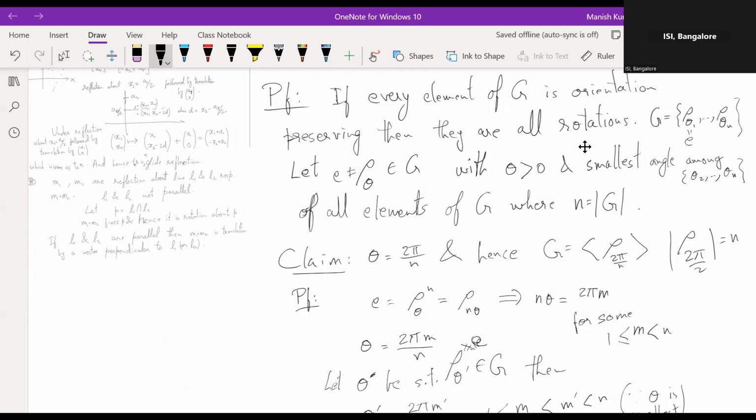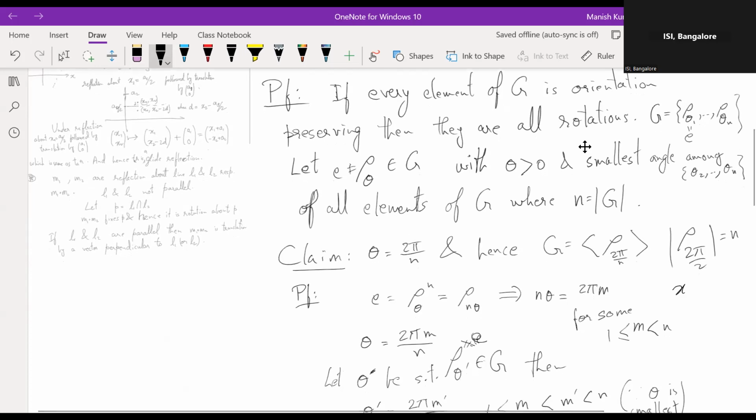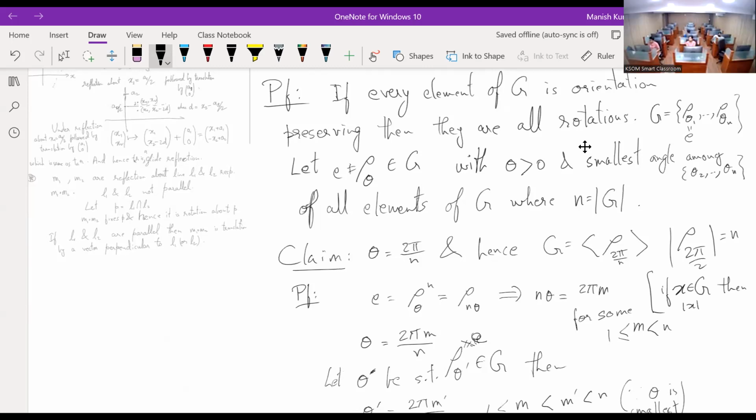So you have seen these basic results? Have you seen this? You'll have to answer, otherwise I have no way to guess. If X belongs to G, then the order of X divides the order of G. You know what order of X is, yes?